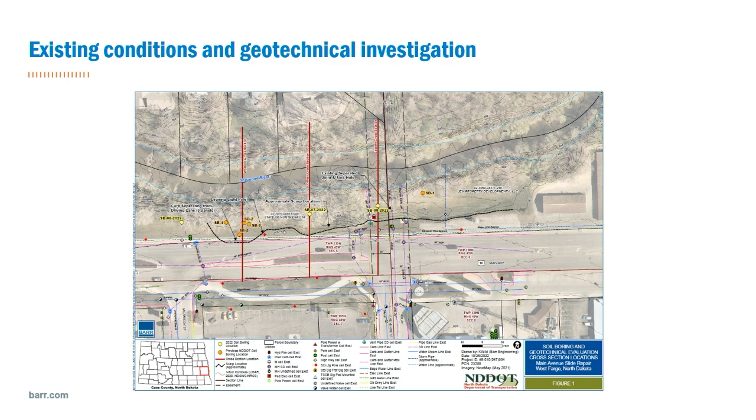For the design phase, Barr took the lead, and we started with an evaluation of the existing conditions on the site, where we developed 3 cross-sections to look at the extents of the landslide, installed some additional geotechnical instrumentation, and grabbed some samples for laboratory testing. We picked one through probably the largest or furthest extents of the landslide, and another 2 cross sections heading more to the east.